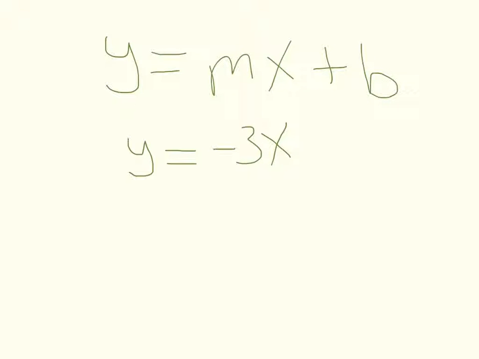Remember, m is the number that's beside x, and the other number would be your y-intercept. So the slope, m, equals -3, or -3 over 1, which means the same thing, and the y-intercept would be 5.